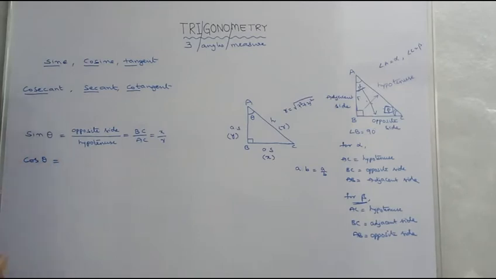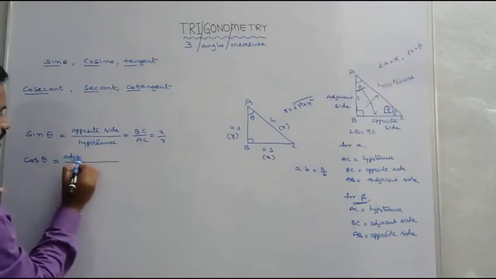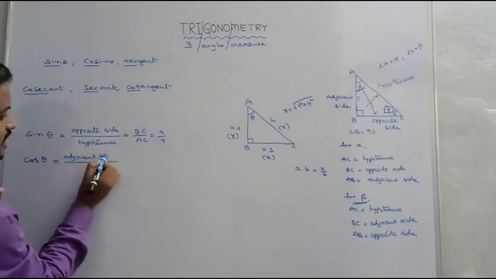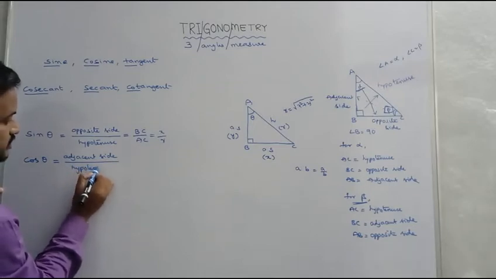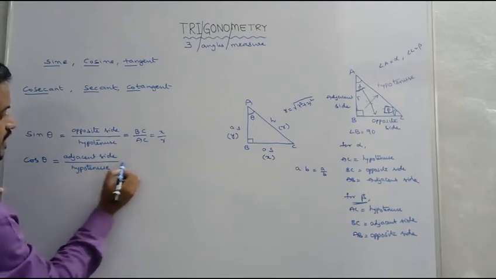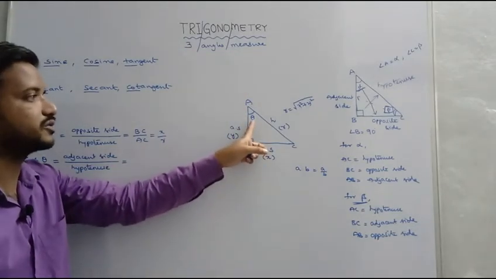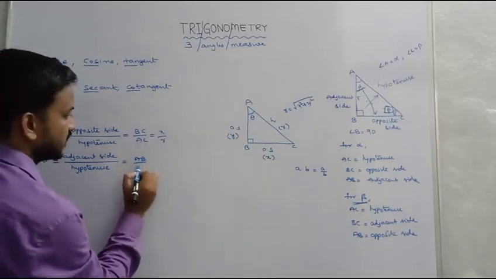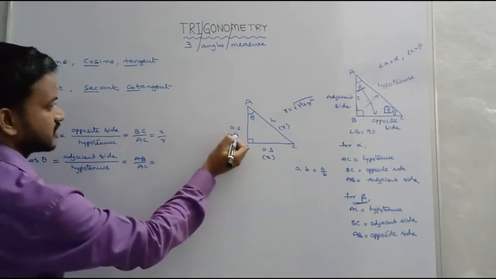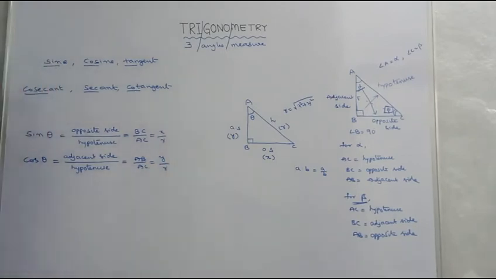Okay. Now coming to the second, cos theta. Cos theta is defined as the ratio between adjacent side to hypotenuse. Now in this triangle, which side is adjacent to theta? AB is adjacent to theta. So AB by AC, which also equals y by r.